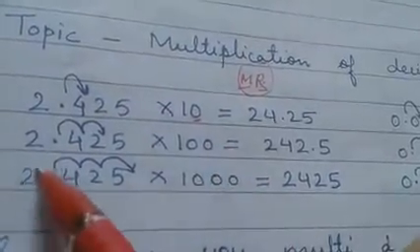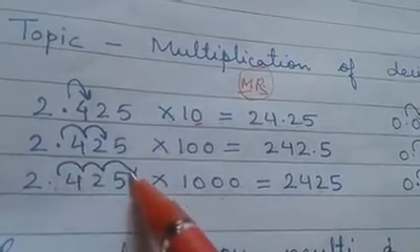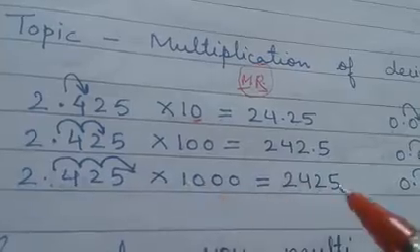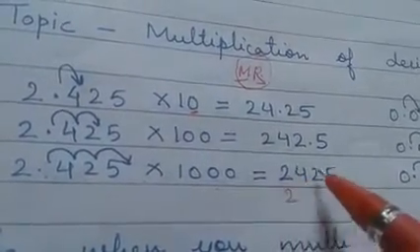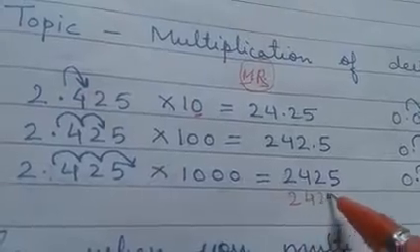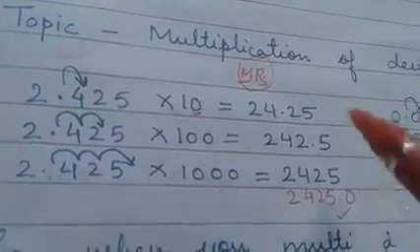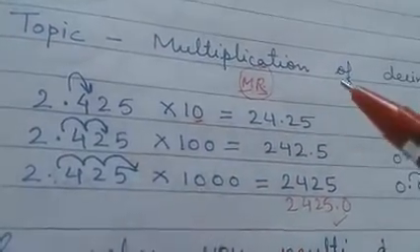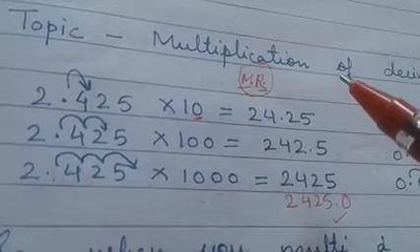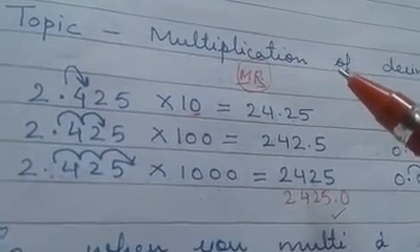Now 3 zeros, the point will shift to the right side by 3 digits, 1, 2, 3, so 2425.0, or I have written directly 2425. You can also write this, it is also correct. Moral of the story is, when you multiply by 10, 100 and 1000, the point shifts to the right side by the number of zeros present.